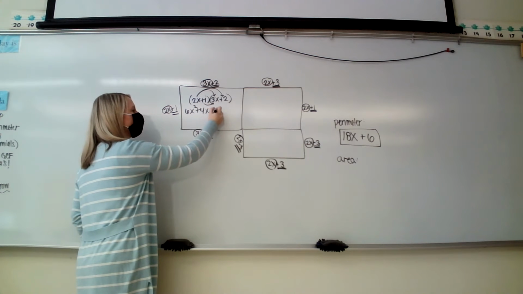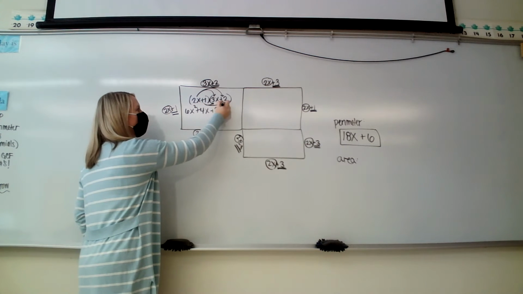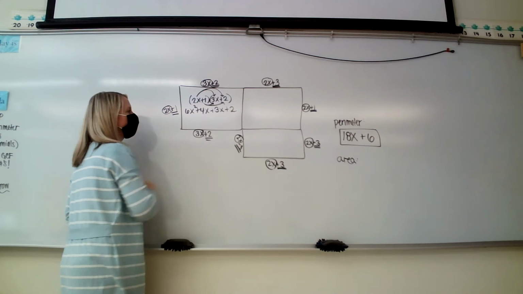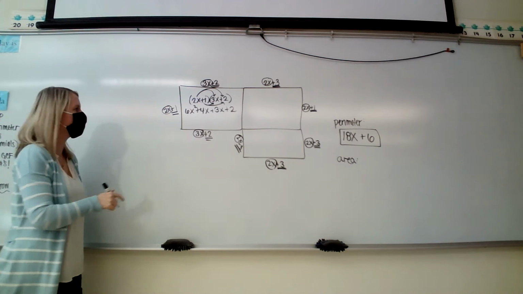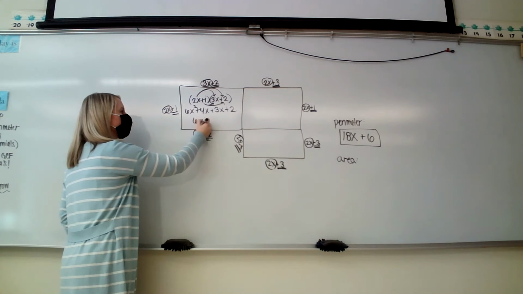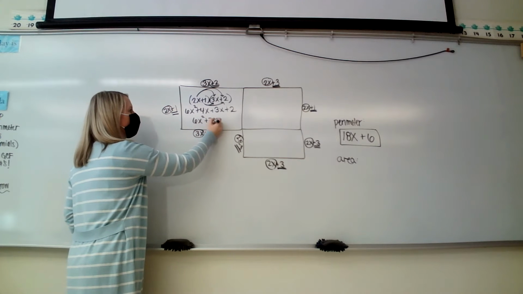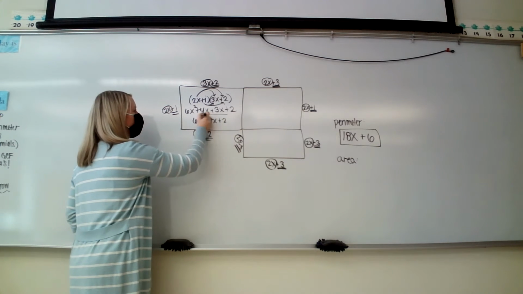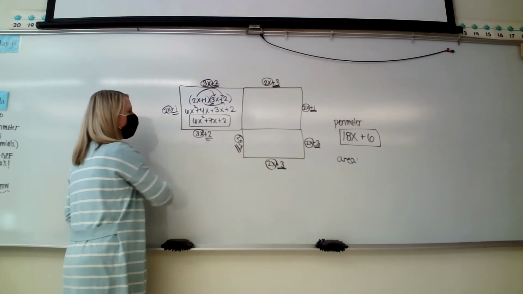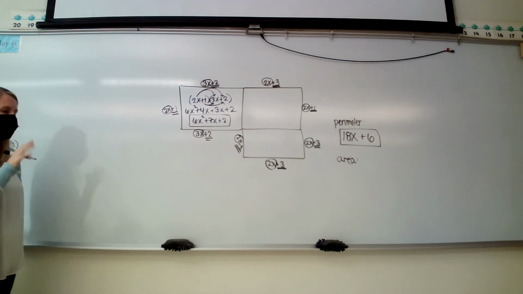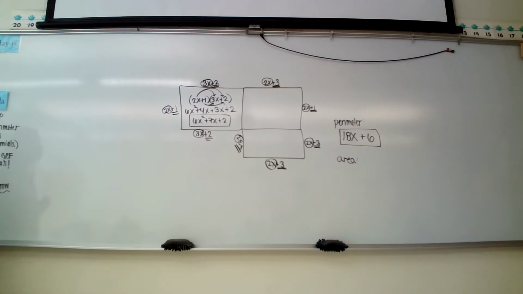So that would be plus 3x plus 2. And I'm going to combine like terms while I'm here. And I'll get 6x squared plus 7x plus 2. I'm just going to do that to remind myself. I'm going to need that in a minute, but I'll find my other rectangles.